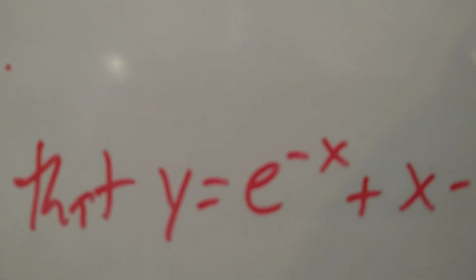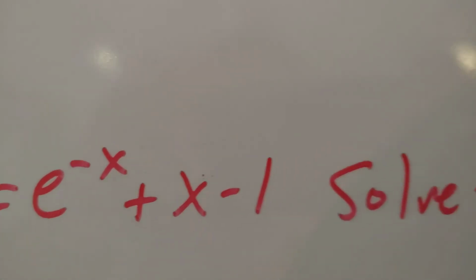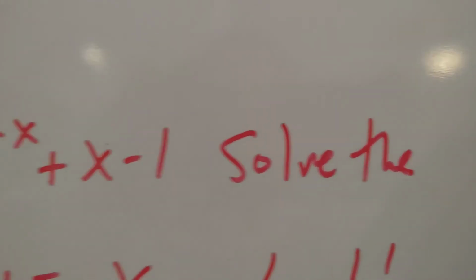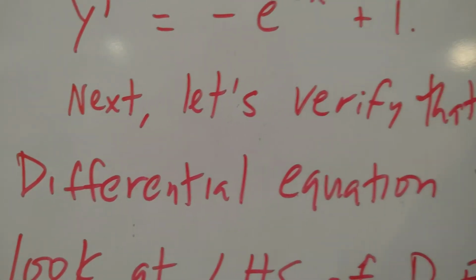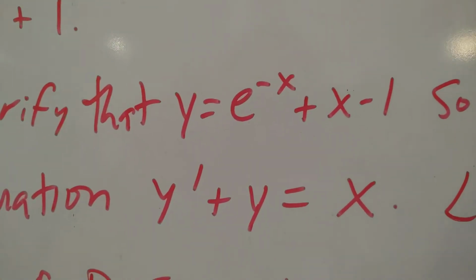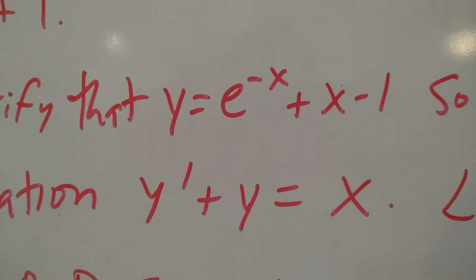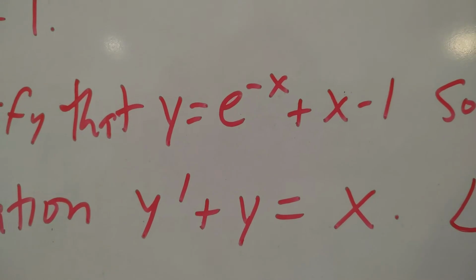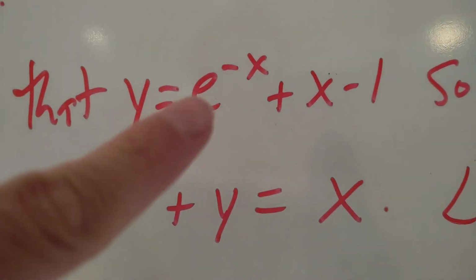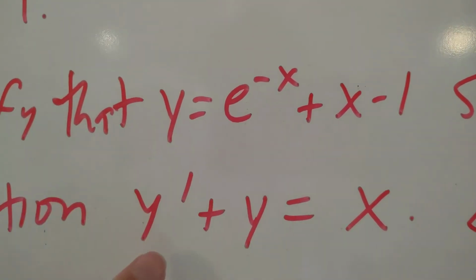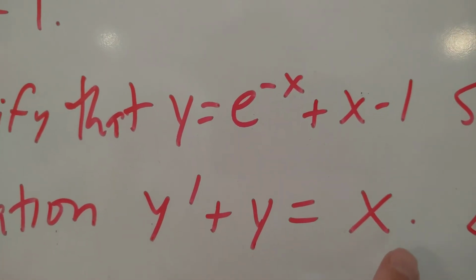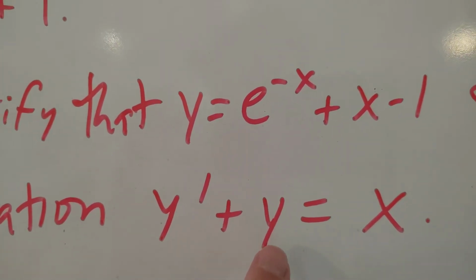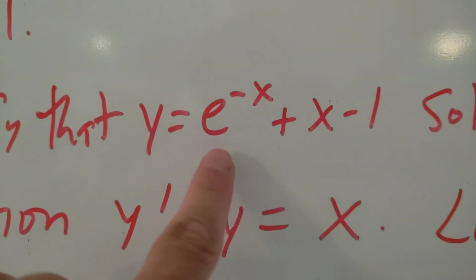Next, we want to verify that this value of y does indeed solve the differential equation. And the differential equation was given as y prime plus y equals x. So to see that this value of y does solve this differential equation, when I see y, I'm going to replace it with what they gave it to us as.